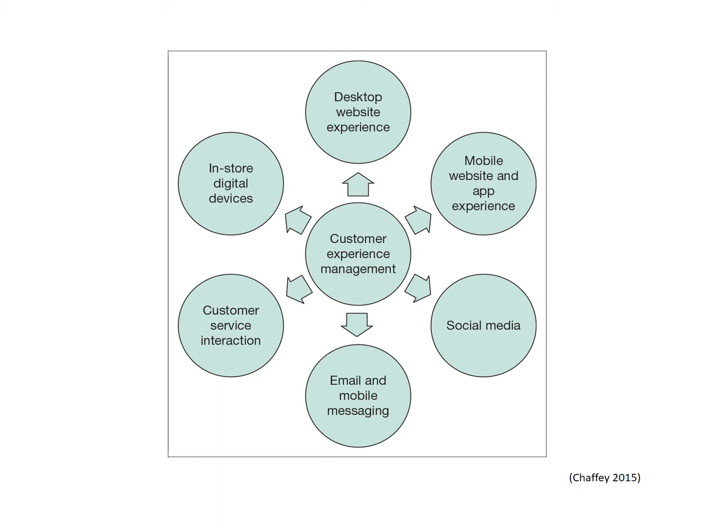So we think about customer experience management. We have various factors that it's going to be linking to, which includes mobile website, app design, app experience, social media, emails and mobile messaging, customer service interaction, in-store digital services and desktop website experience. So all these are going to be affected.